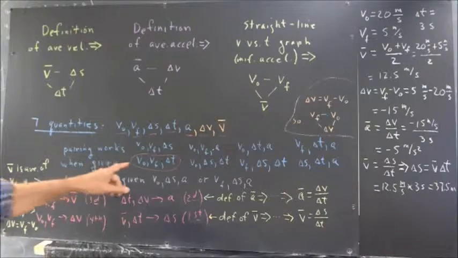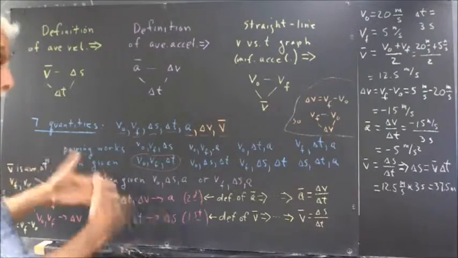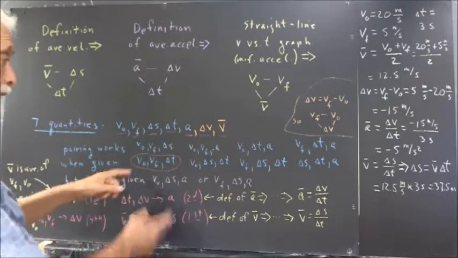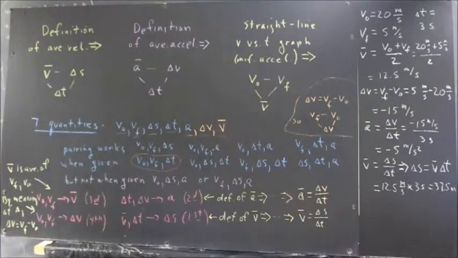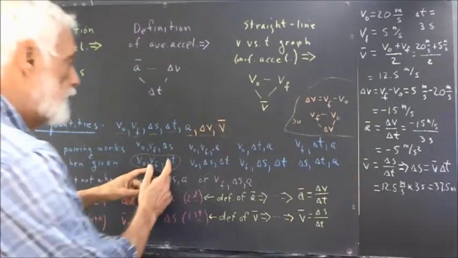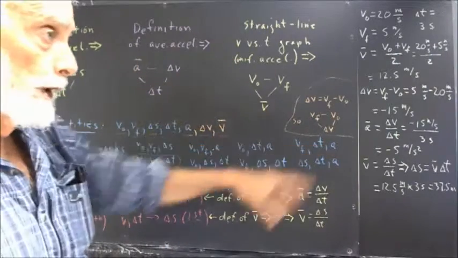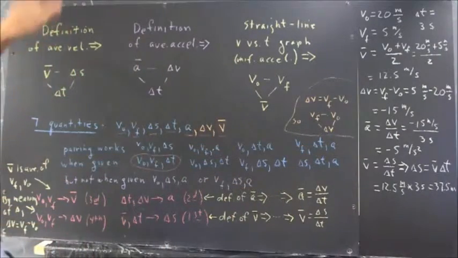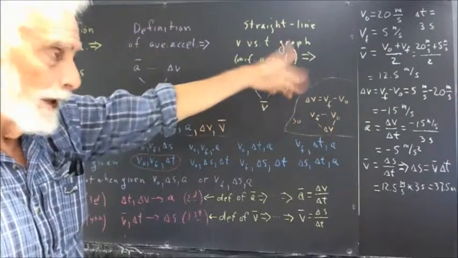Okay, well, if we're given V0, VF, and delta T, the first thing we want to do is try to pair 2 of these. Okay, well, if we try to pair V0 and delta T, they don't appear in any of these triangles together. We can't use them. If we tried to pair VF and delta T, same thing. They don't appear together in any of these triangles, so they aren't related by this definition, or by the property of a straight line graph, or by the definition of delta.